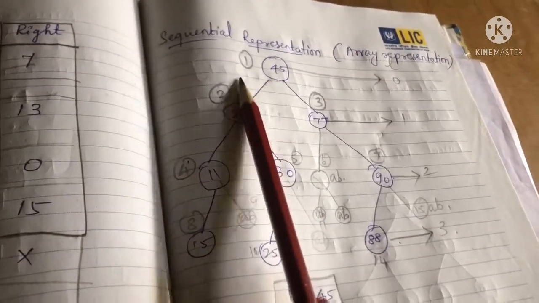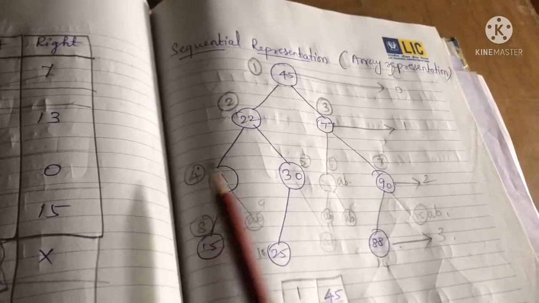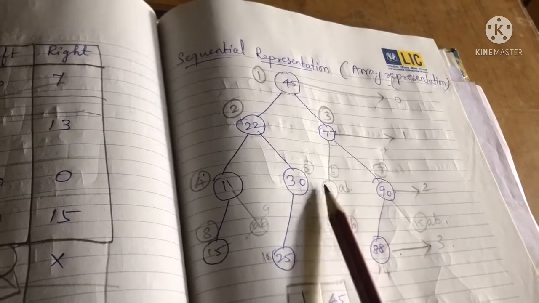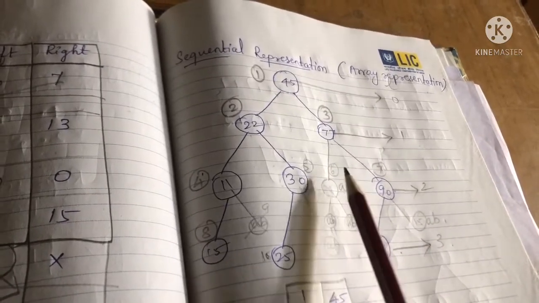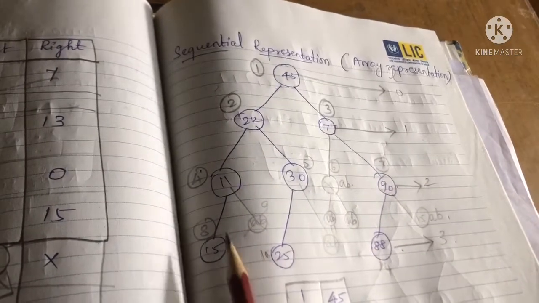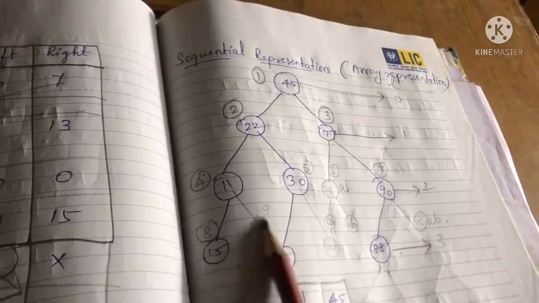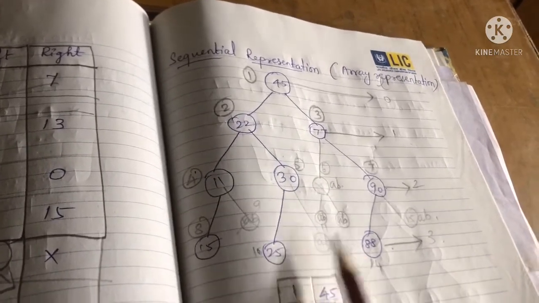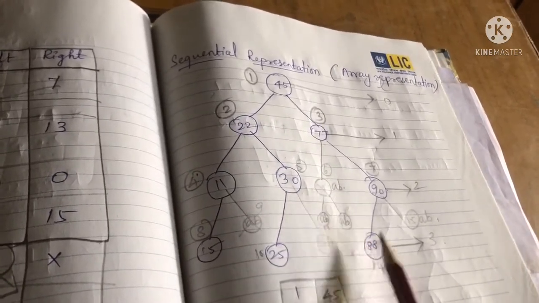Here the positions are 1, then 2, 3, 4, 5, 6, 7, but at 6 the data is not available, though the location is kept. Then 8, 9, where 9 also has no data but the location is 9, then 10, 11, 12, 13, 14, 15.